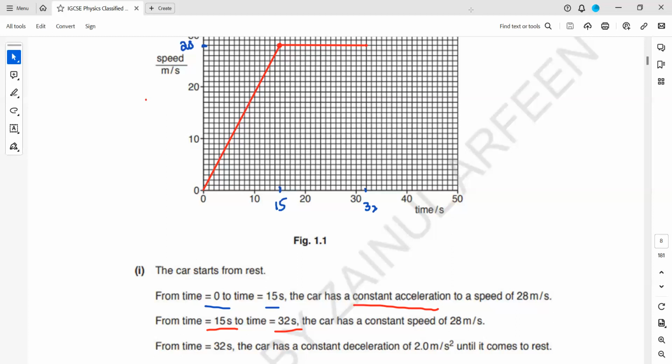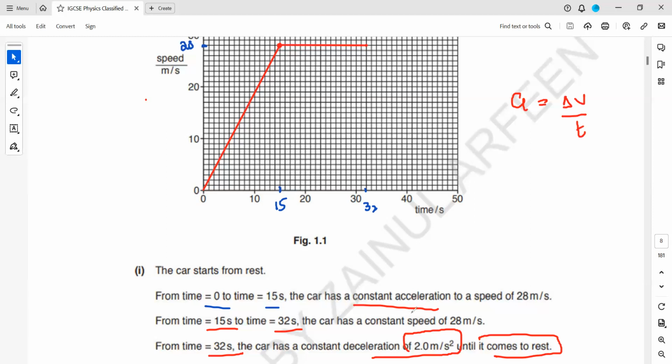Then what happened? The car from 32 seconds has a deceleration of 2 meter per second square until it comes to rest or stops. If the car has stopped, it means the final speed should be 0. But how do we know how much time it will take for the final speed to be 0? We have the formula that acceleration is the change in the velocity divided by time.